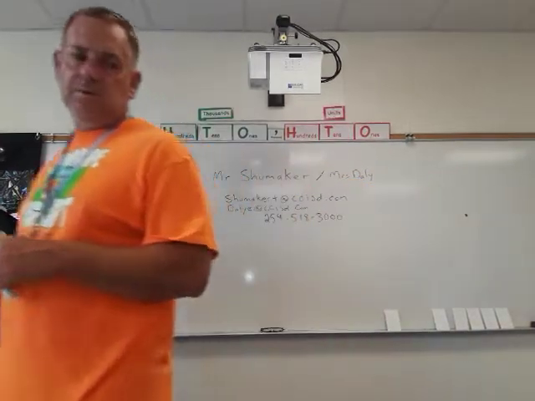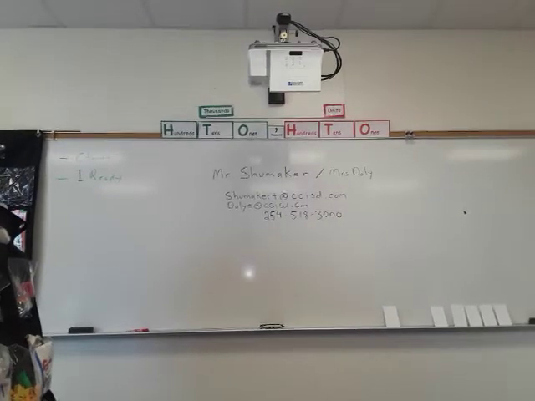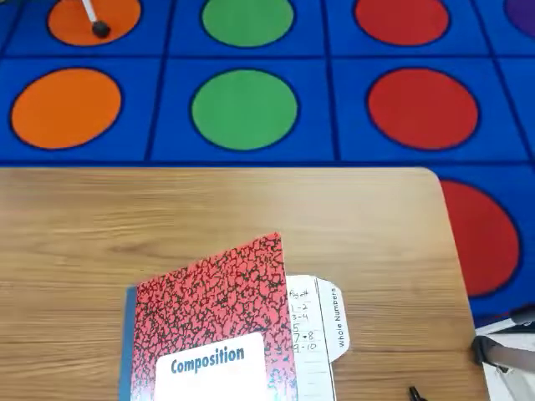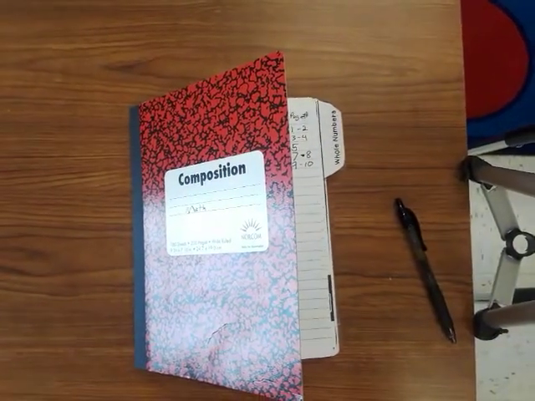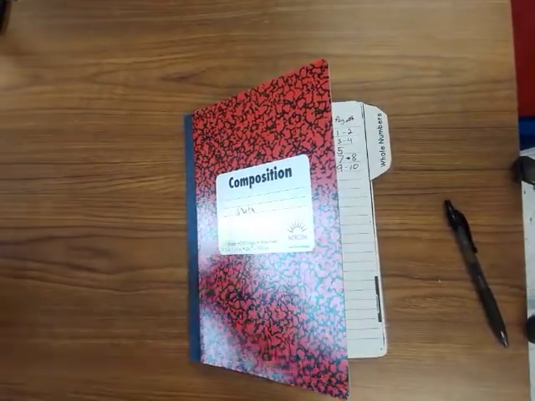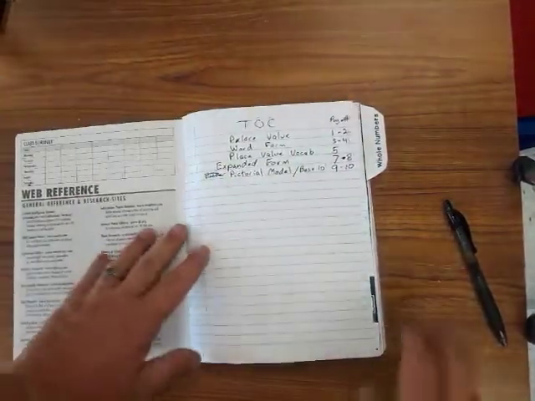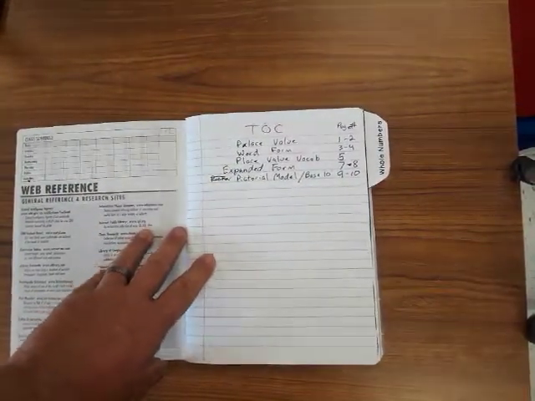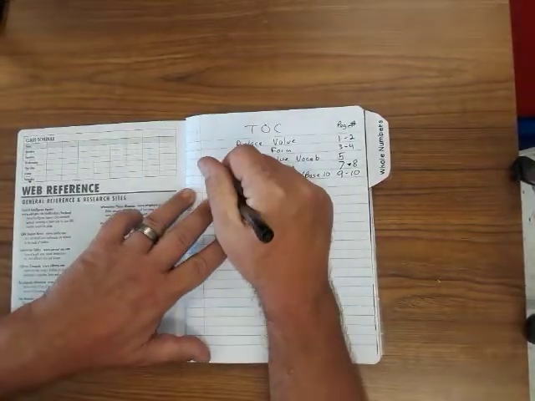But we're going to put some information in our journal, so let's come back here to our journal. In our journal, we're going to work with a place value chart.